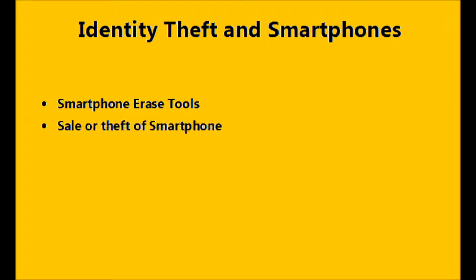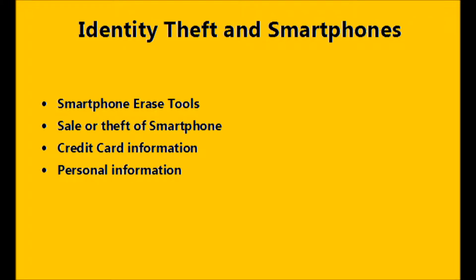When smartphones get transferred to another person by sale or theft, they can use data recovery tools to gain credit card information and personal information. Photos from messages or Snapchat are not actually deleted and can be recovered with data recovery tools along with metadata.